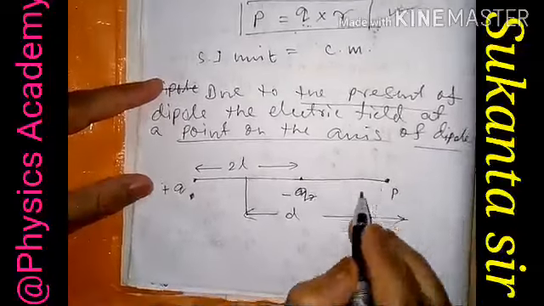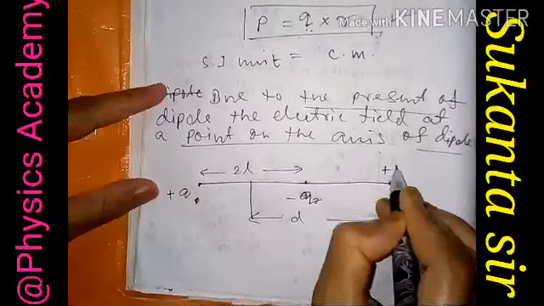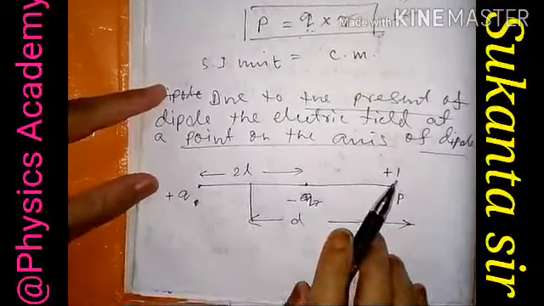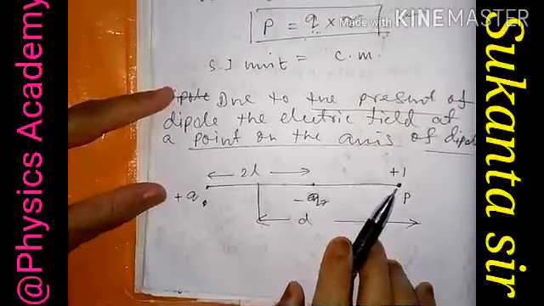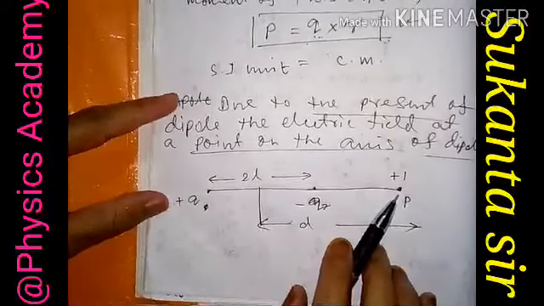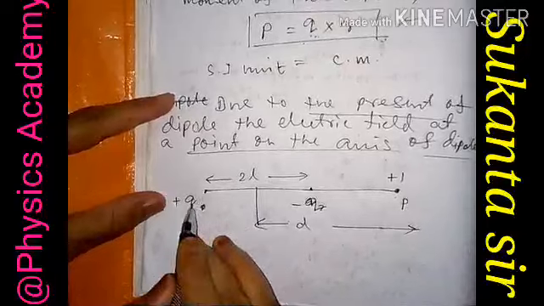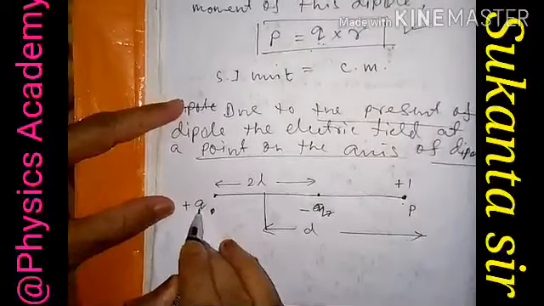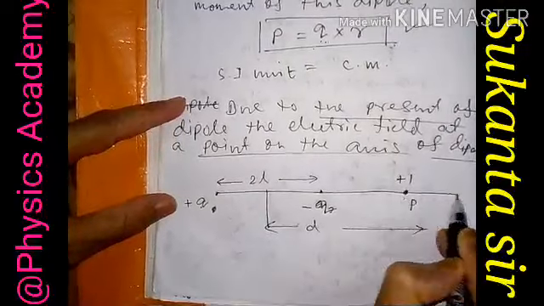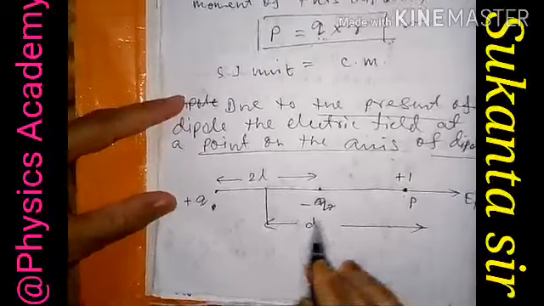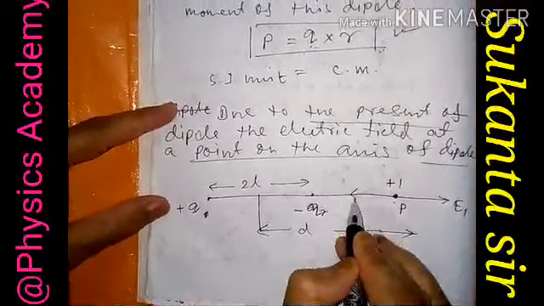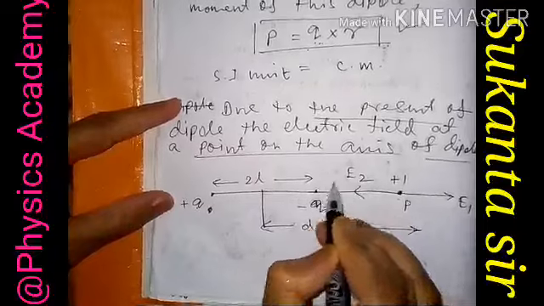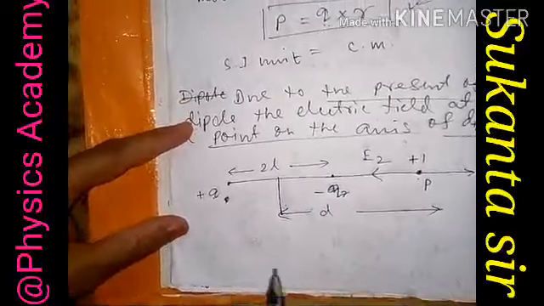Now at first we have to put here a unit positive charge, +1, to calculate the intensity at the point P. Now due to this point charge plus q, the direction of the intensity will be in this direction, E1, and due to this negative charge the direction of the intensity will be in this direction, E2.